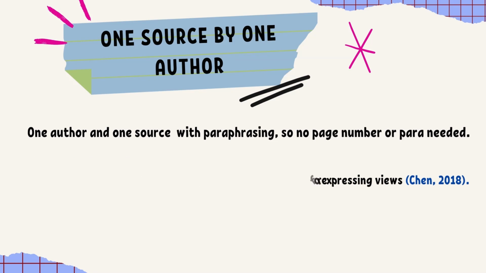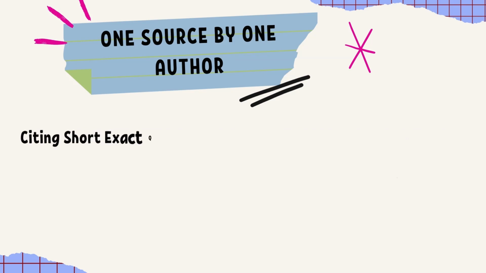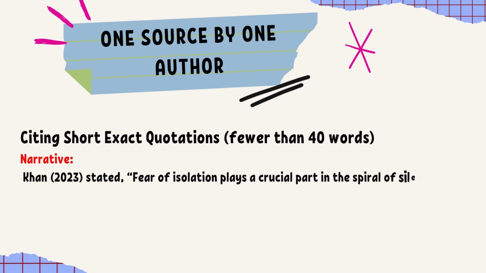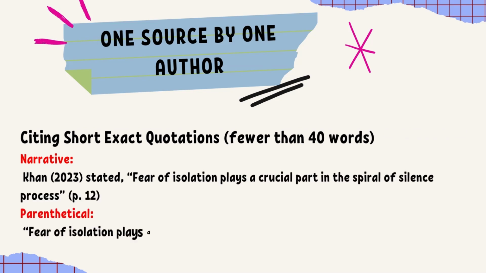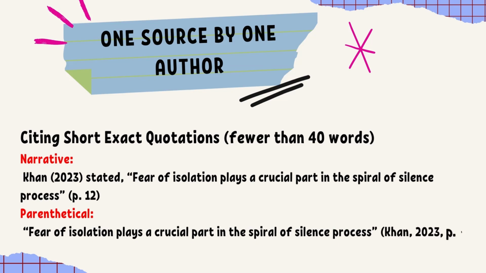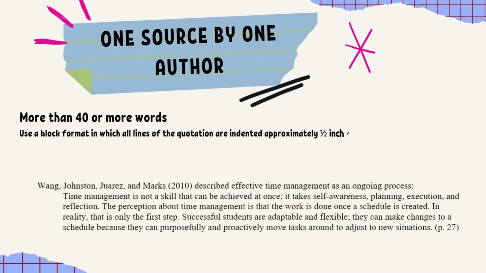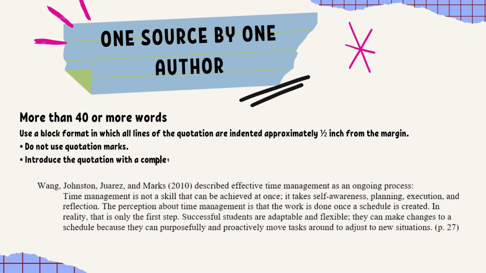And if we are quoting directly and it's fewer than 40 words, then in narrative style we will write it this way, and in parenthetical style we will write it that way. If you are quoting 40 or more words, then use a block format in which all the lines of the quotation are indented approximately 0.5 inch from the margin, and do not use quotation marks.